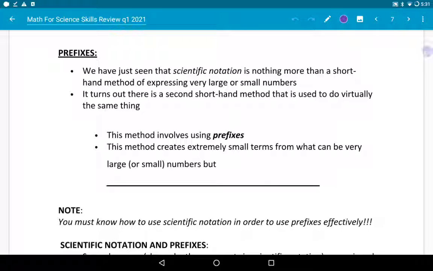Okay, so we just worked on scientific notation, and now the topic today is prefixes, and it's very similar to scientific notation. It's basically a shorthand method of communicating very large or small numbers. It's very similar to scientific notation, except we use a prefix letter, and what we do is we attach it to the unit.